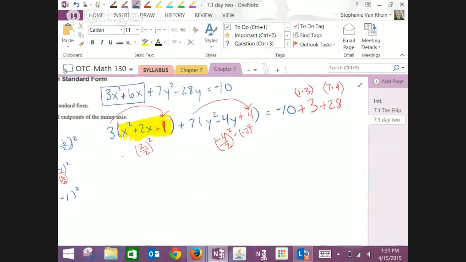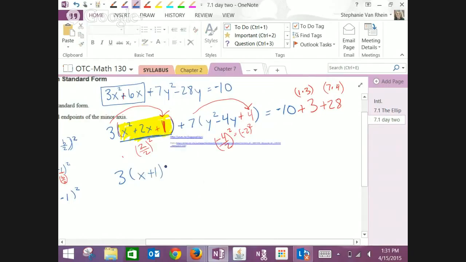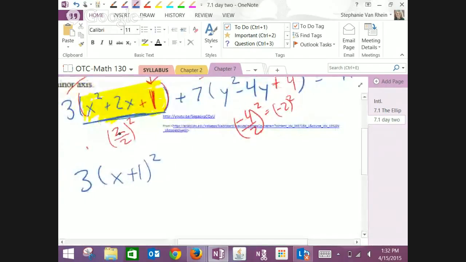So now the next step is to write it as a perfect square. I have 3 times, what's this as a perfect square? x plus 1 squared, right? Because 2 over 2 is 1. And the next one would be plus 7 times y minus 2 squared.